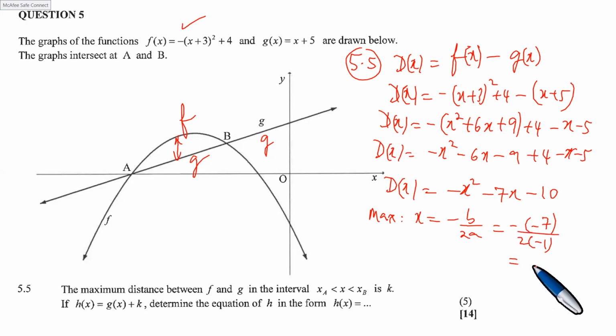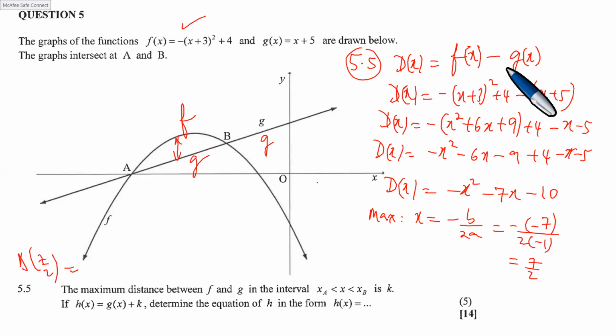Therefore the answer is 7 out of 2. After we got this value, we are able to find the result the examiner wants: d of 7 over 2.